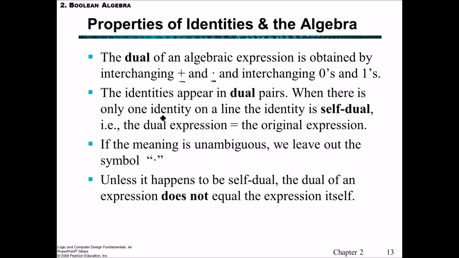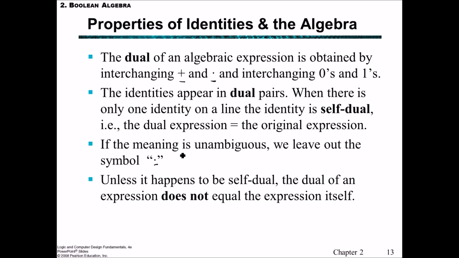Identities appear in dual pairs, and when there's only one identity on the line, the identity is called self-dual. That means that the dual expression is equal to the original expression, which is not necessarily the case, only in the self-dual case. Something else for going forward is, if it's unambiguous, we often leave out the dot operator, although we never leave out the or plus operator.